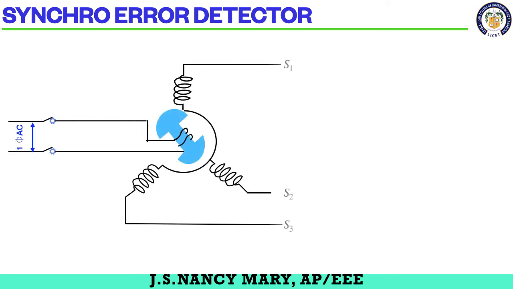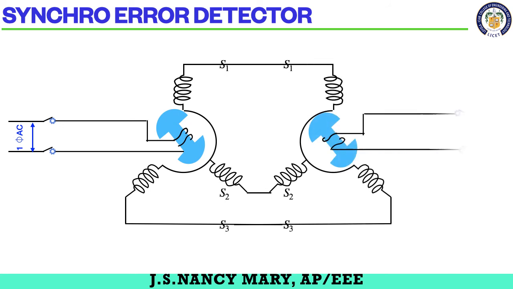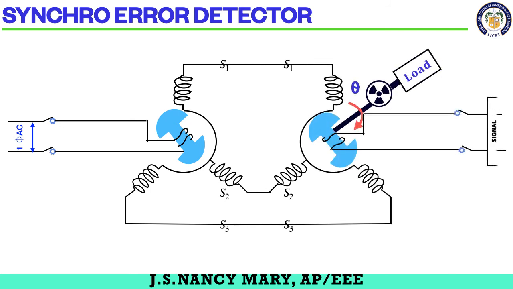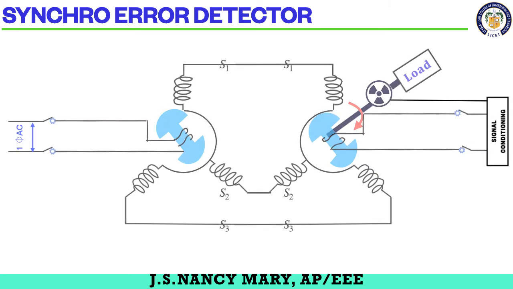Now the next synchro which we are going to see is the synchro detector. It will act as both, a combination of the transmitter and the receiver like this. Okay, the transmitter and the receiver. So here if you see, the rotor here will be rotating and forms the flux, which will energize the next side rotor.